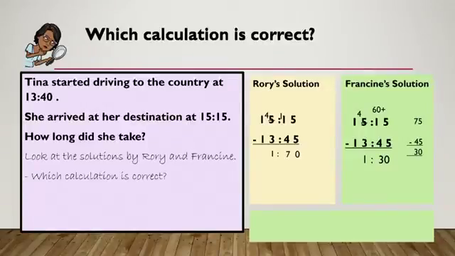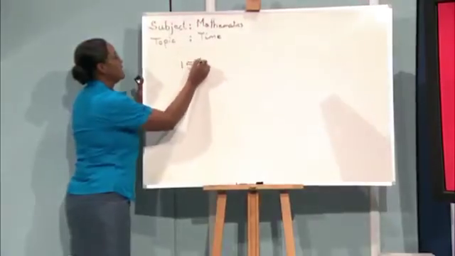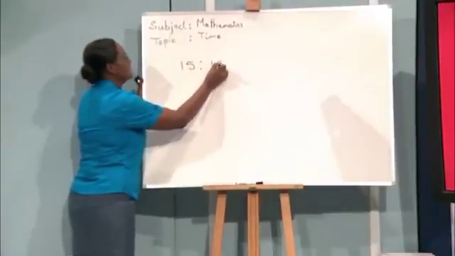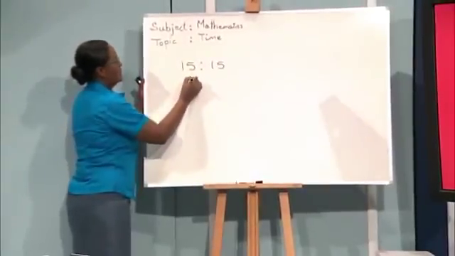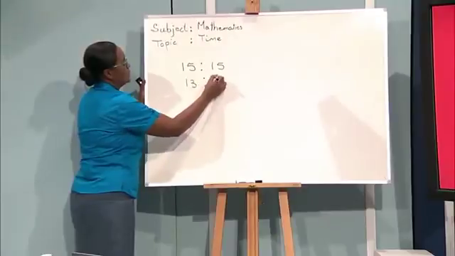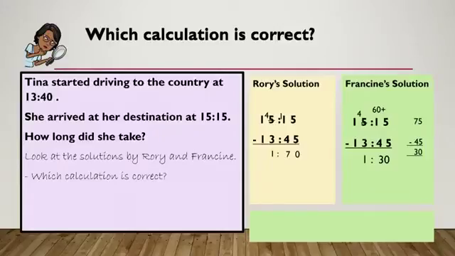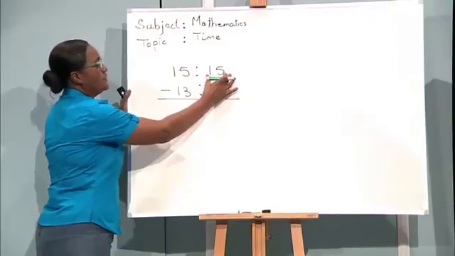So we have 15 hours, and then from that we want to find out how much time, so that is 13:40. Okay, and we're subtracting. We want to see if Rory's answer or Francine's answer makes sense. We have 40 minutes and we want to take 15 minutes from that.